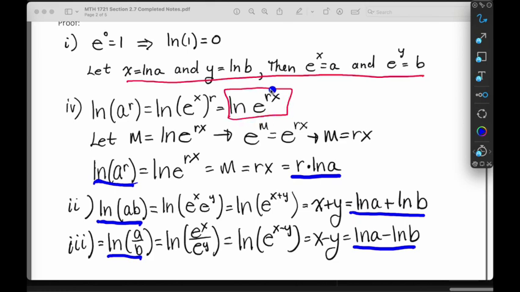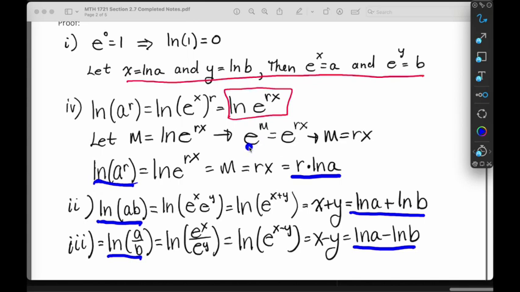So now I'm just going to rewrite ln e to the rx. I'm going to call that m. And I'm going to rewrite this and put it in exponential form. When I put this in exponential form, I get e to the m is equal to e to the rx.